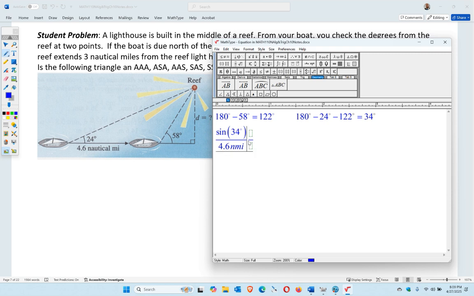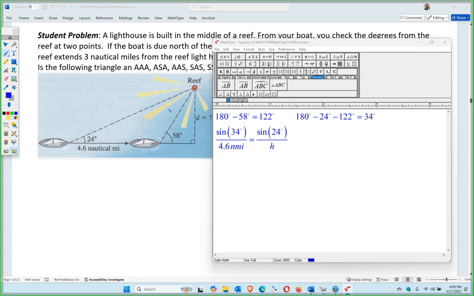Okay, so we're going to compare that because we want this side length right here, which goes with 24. So I'm going to take this, copy, paste, and we'll say sine of 24, and we'll call this the hypotenuse of this right triangle, basically, right? And then I can solve for this distance right here in the right triangle afterwards using SOHCAHTOA.